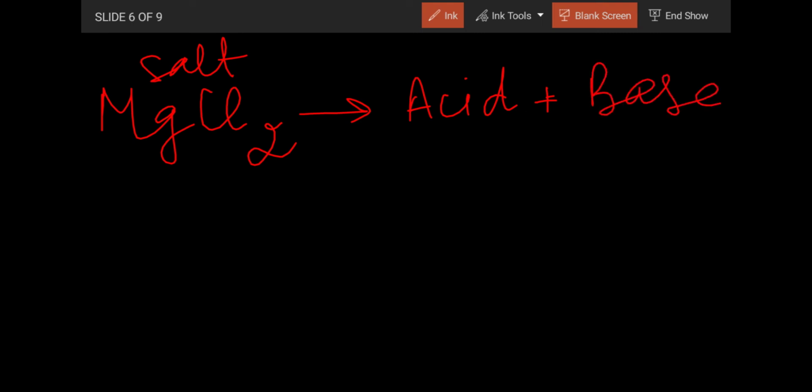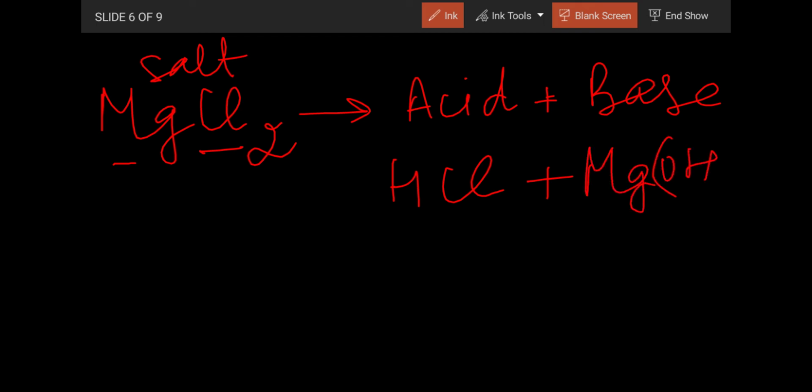The acid would consist of chloride ions, that means it might be HCl, and the base would consist of metal magnesium, that would be Mg(OH)2.